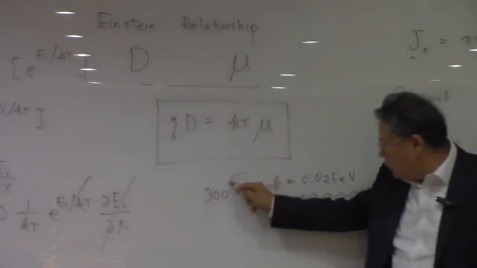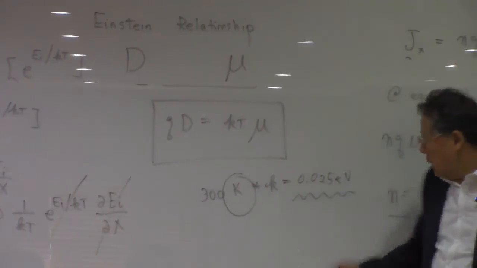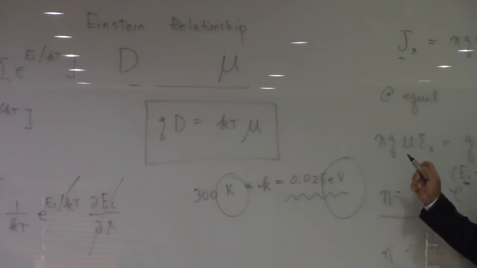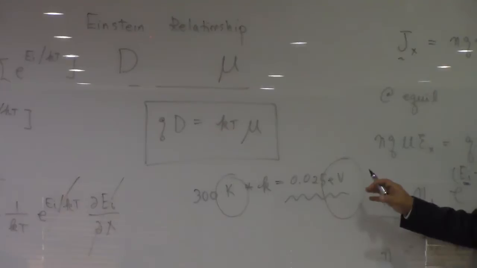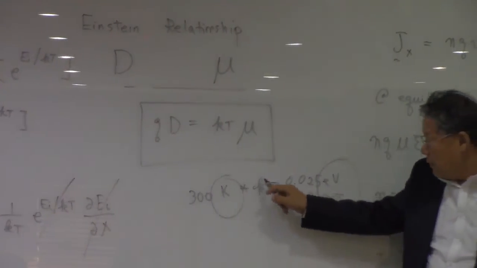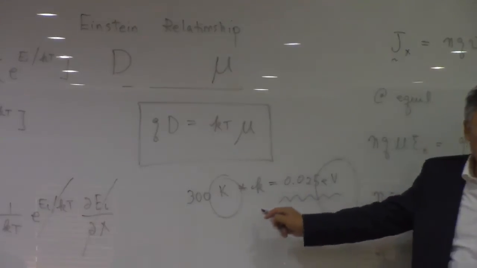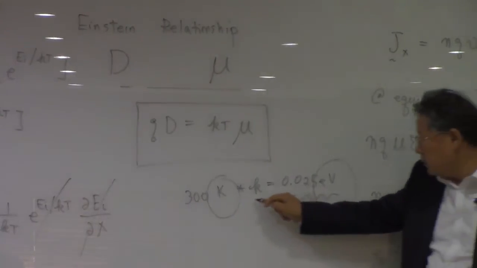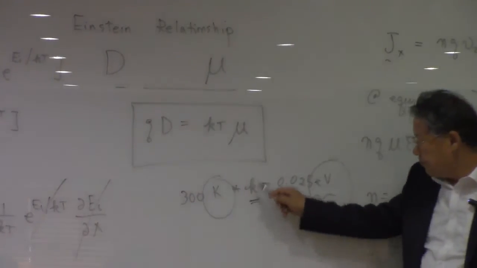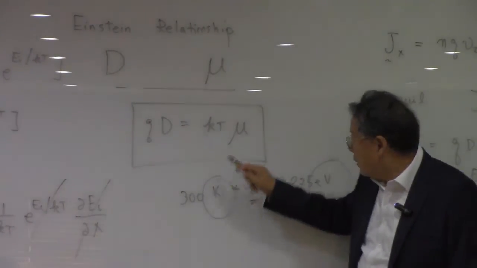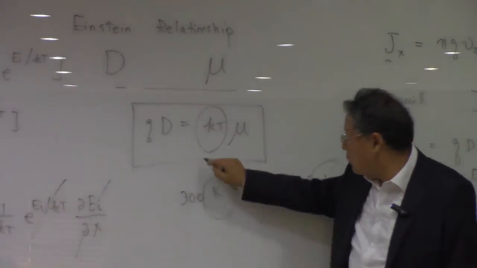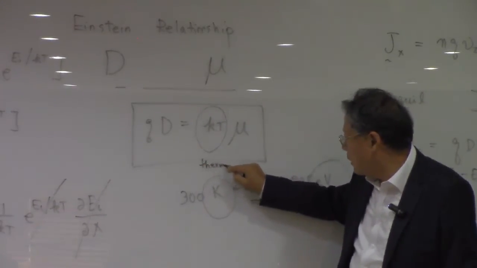So you can convert the temperature into the voltage, the energy, simply by multiplying the temperature with the Boltzmann constant. Now, this kT is the thermal energy. We just call that the thermal energy, okay?